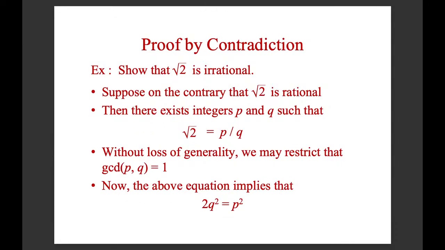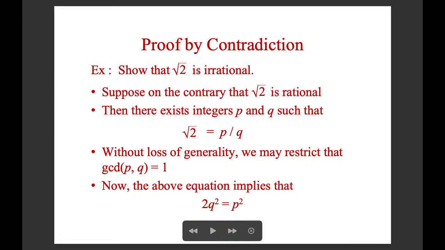So this is a famous example that appeared a long time ago, maybe more than 2000 years ago, in Euclid's Elements, Euclid's textbook. We want to show that the square root of 2 is irrational. Irrational means it is not a ratio between two integers.